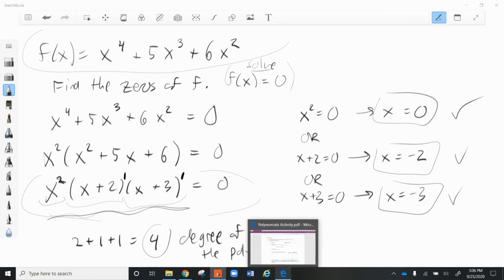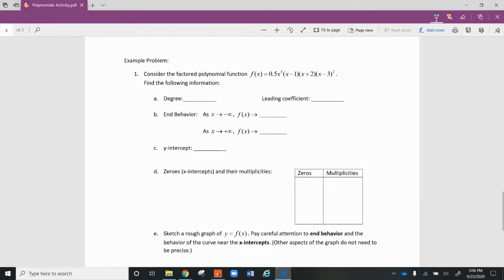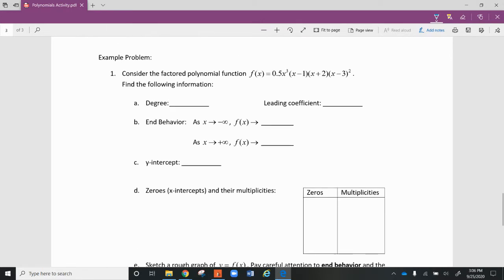So that means that if you look at something that's in factored form already, like this here, let's zoom in on that. You look at all the different factors, like here we have x cubed, and this x minus 1 is to the power 1, and this x plus 2 is to the power 1, and this x minus 3 is to the power 2.